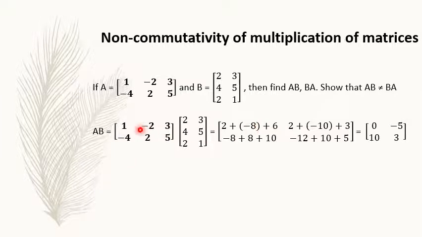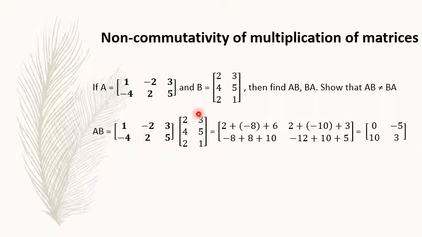So to find the product AB: first row, first column, first element. First row, second column, second element. Second row, first column, here first element.